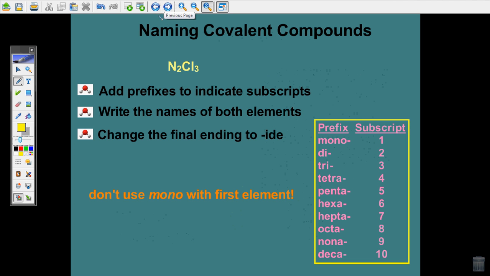Okay, naming covalent compounds. You don't name covalent compounds like you name ionic bonds. When you name covalent compounds, you use prefixes to indicate the subscripts. So let's name this one. This is saying I have two N's. So dinitrogen, and these are the prefixes and subscripts over here. And you have 3 chlorine, so trichloride.